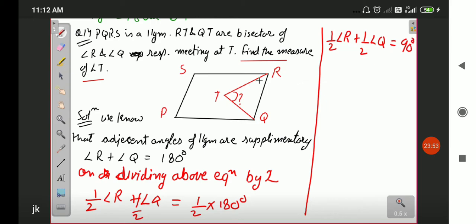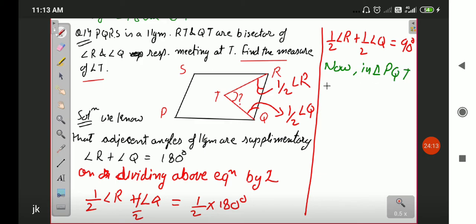Now this angle is nothing but half of angle R, because angle R is being bisected. This angle is nothing but half of angle Q. Now in triangle PQT, the sum of all angles is 180 degrees by the angle sum property.